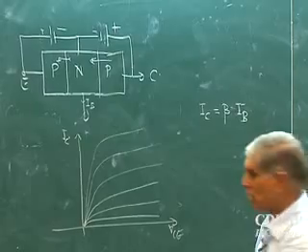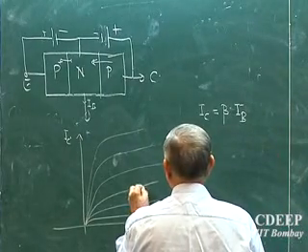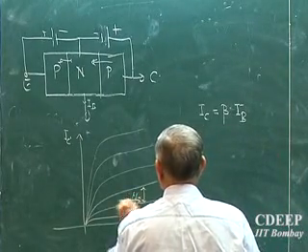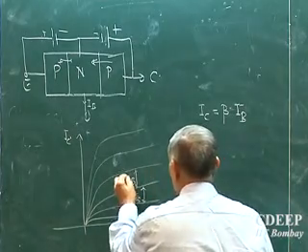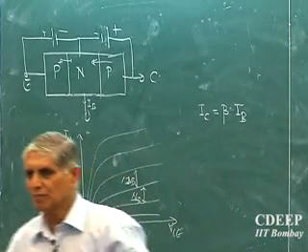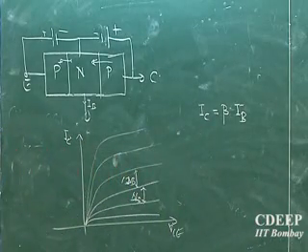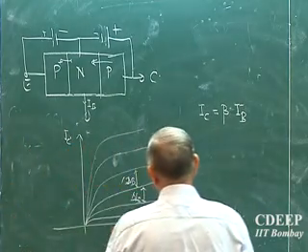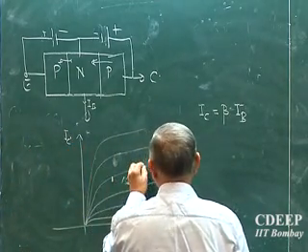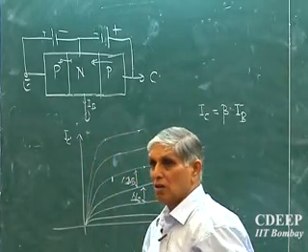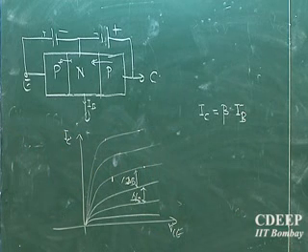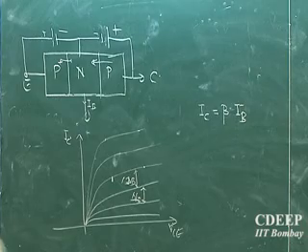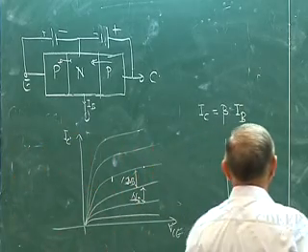IC is beta times IB. So if this delta IB and this delta IB are the same, then the current should double. But I figure out that it depends on whether I am here or here. The change in IC is not the same for the same change in IB. Is that point clear? What is the issue I am talking about now? Ideally I was expecting a characteristic something like this.